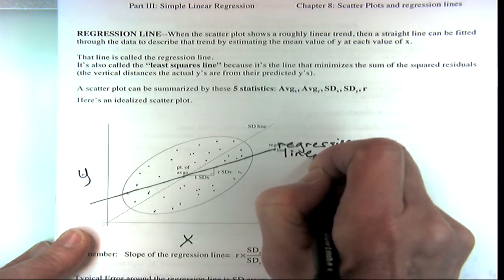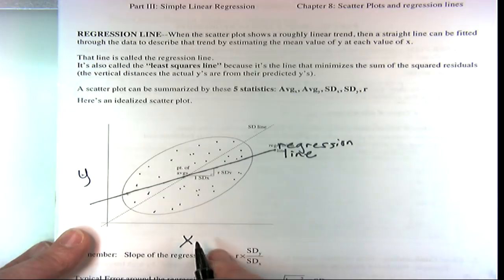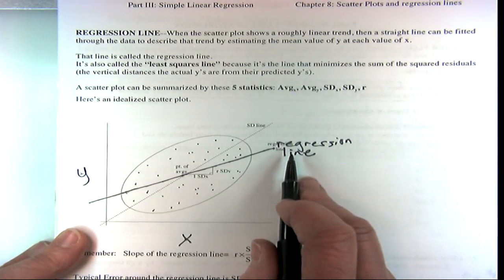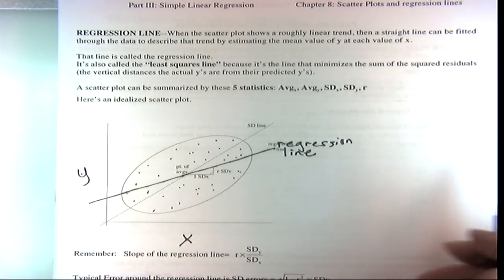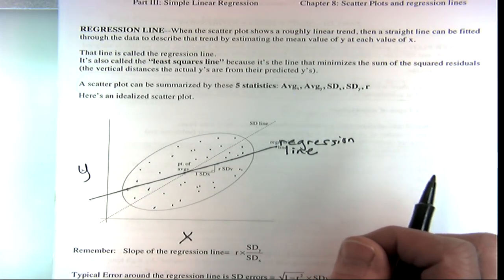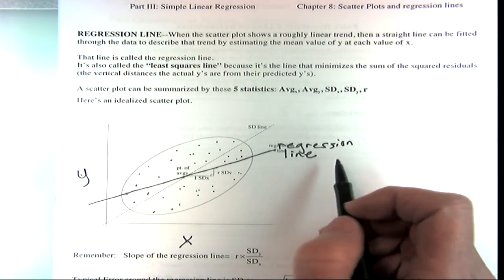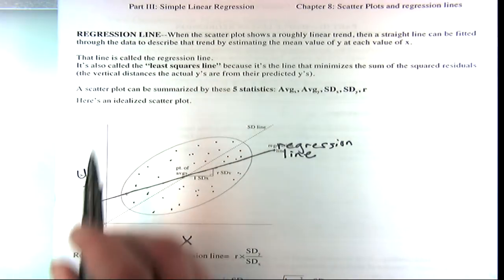And it could be our best prediction of y given a particular x variable. So that could be used to estimate y from x. I can estimate your weight from your height. Okay?